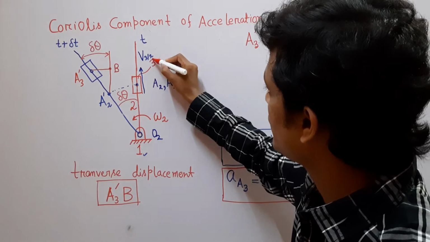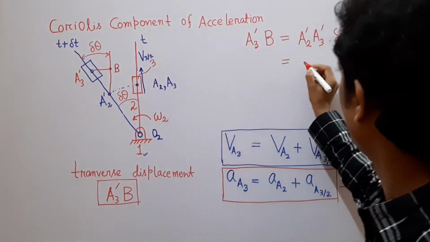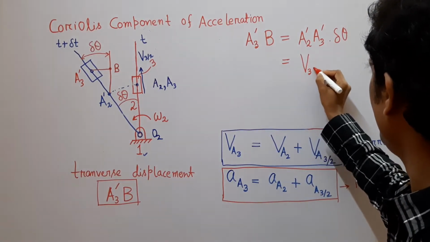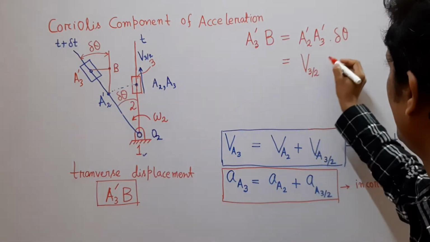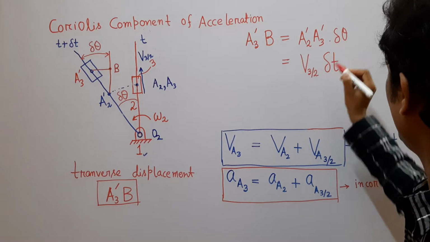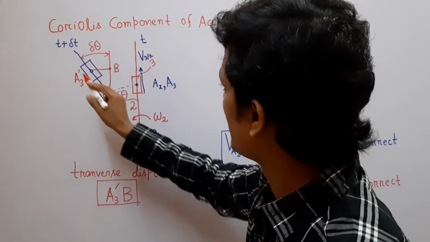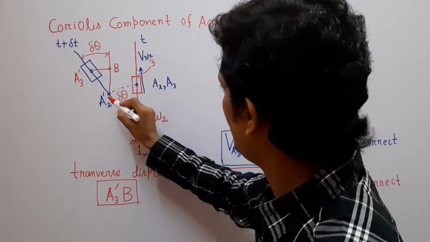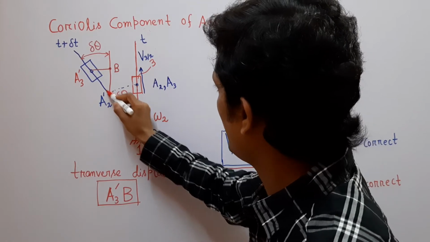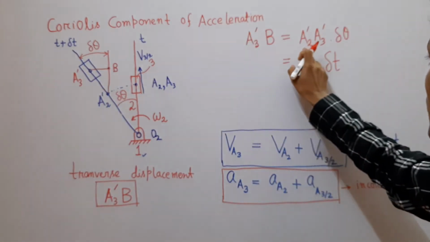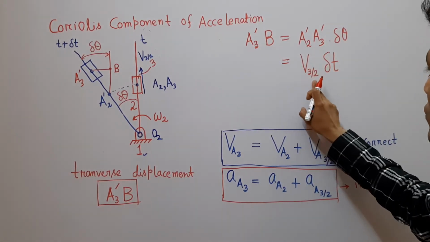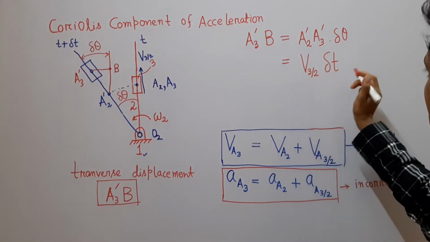The velocity of link 3, the sliding velocity, is v3/2, and the time taken for this displacement is delta t. Because in the time interval delta t, the point A3 shifts from A2 by an amount A2 prime A3 prime, A2 prime A3 prime is v3/2, the sliding velocity, into delta t.